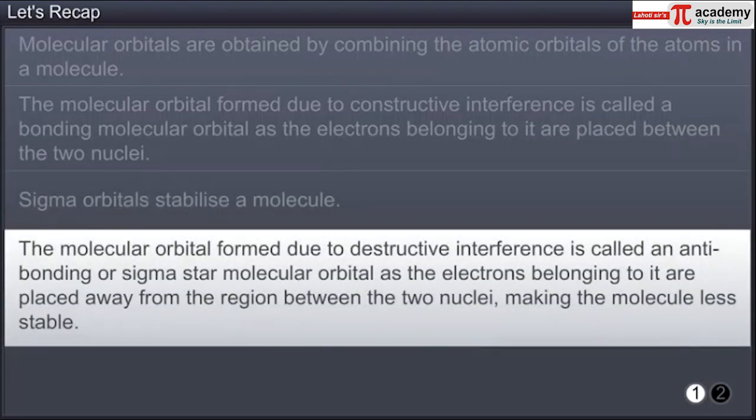The molecular orbital formed due to destructive interference is called an antibonding or sigma star molecular orbital, as the electrons belonging to it are placed away from the region between the two nuclei, making the molecule less stable.